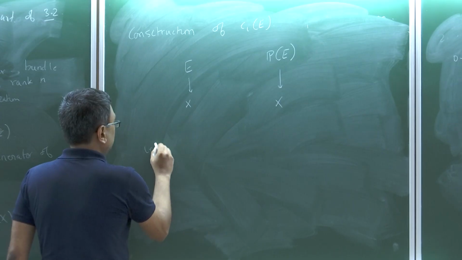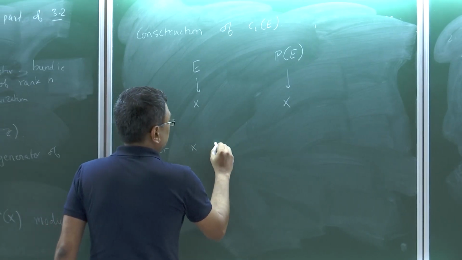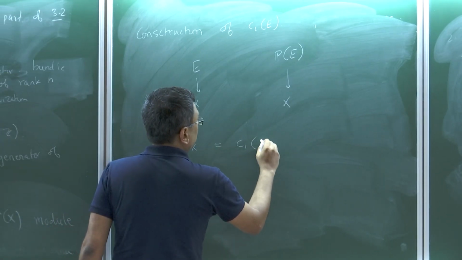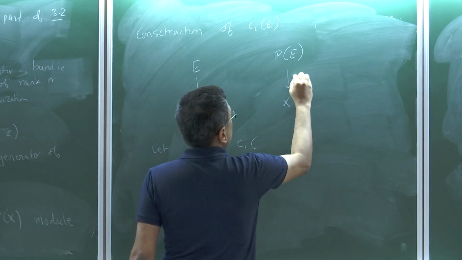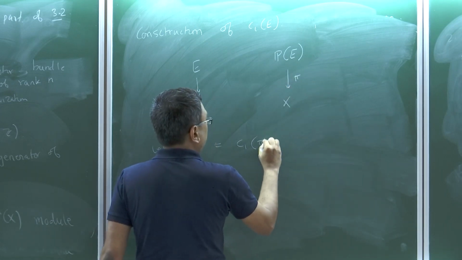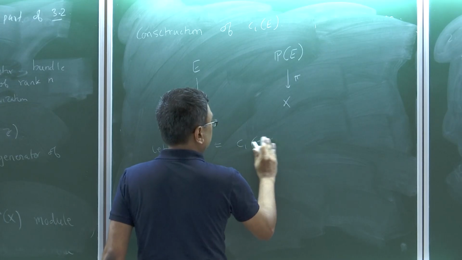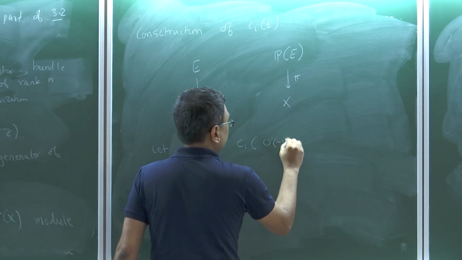Okay. Now let x equal the first Chern class of the pullback by pi of O minus 1.